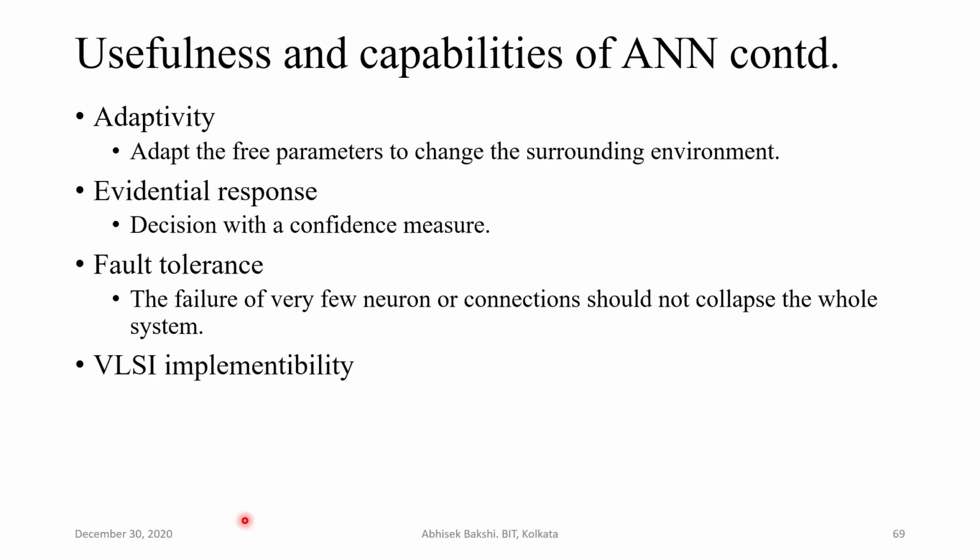And the last one is VLSI implementability, because ultimately, since it is an artificial neural network, if you want to use it in real life, then somehow you have to implement this concept with respect to some electronic chip so that everyone can use that.